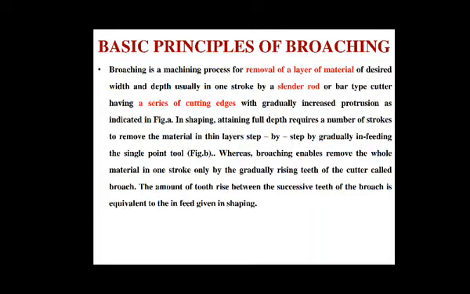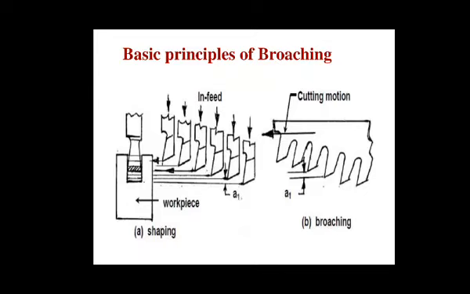In shaping, attaining full depth requires a number of strokes to remove the material in thin layers step by step by gradually infeeding the single point cutting tool, as you can see in figure B, whereas broaching enables removal of the whole material in one stroke only by the gradually rising teeth of the cutter called a broach.